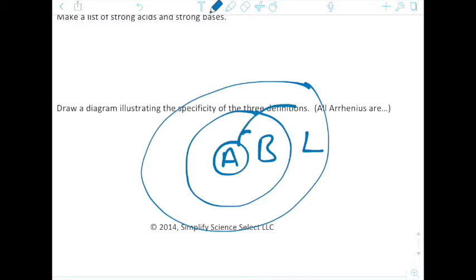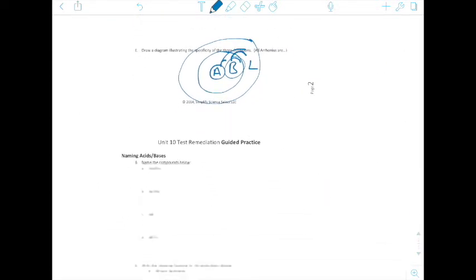All Bronsted-Lowry acids are going to be considered Lewis acids as well. And Lewis acids, if they just meet the definition of a Lewis acid, would only be considered a Lewis acid. Mainly for this class, what we use is the Bronsted-Lowry definition.